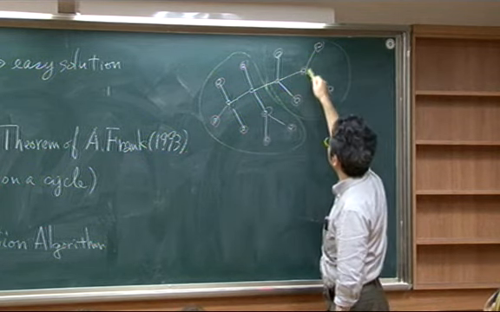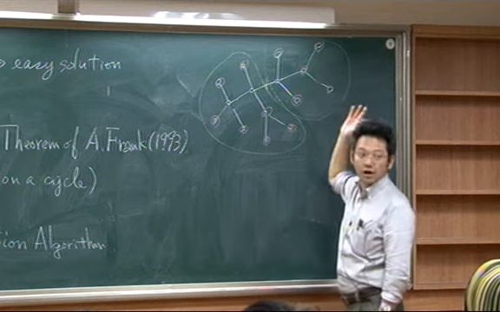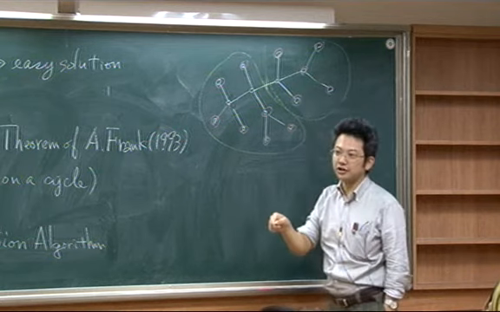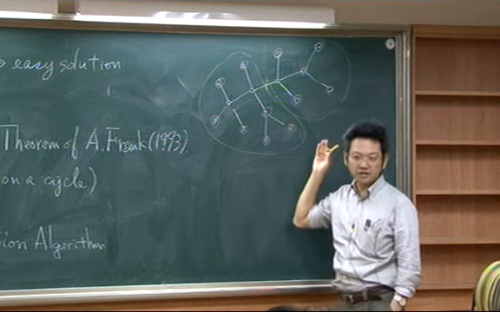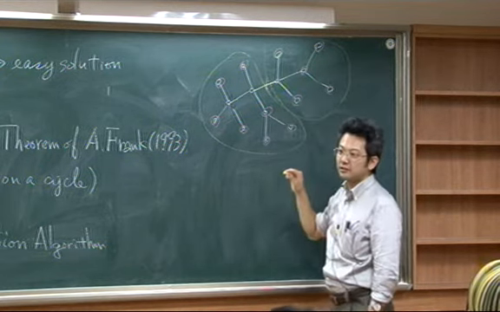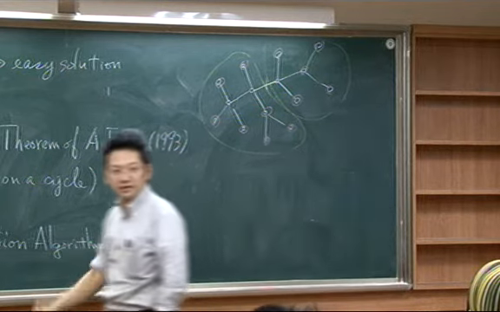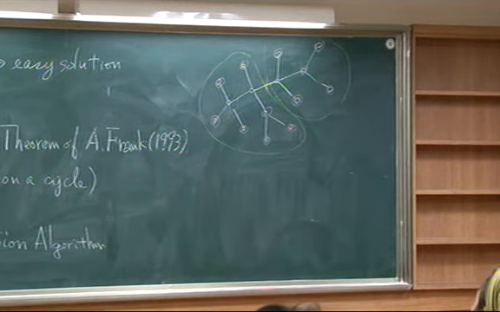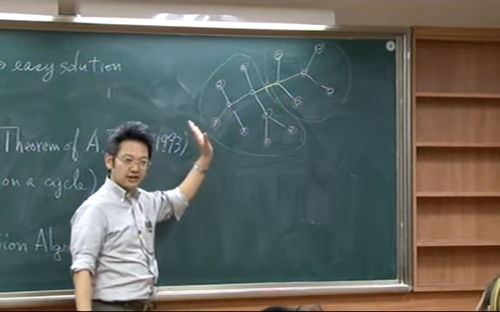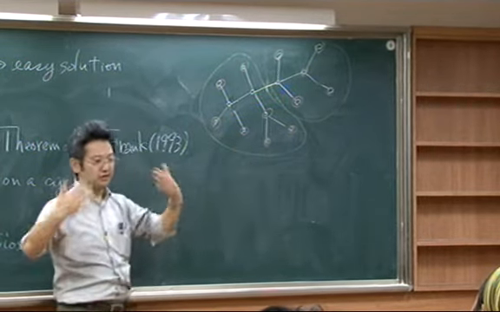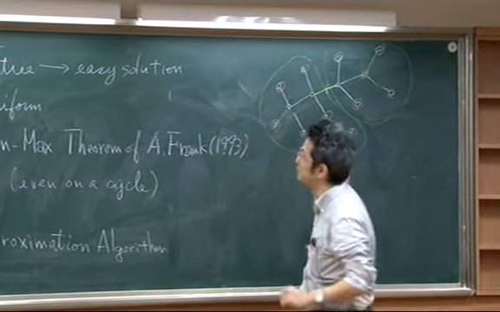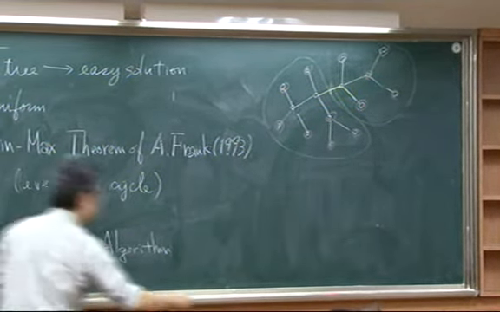Therefore the number of T nodes here must be odd, and therefore this is a T-cut, and every T-join must intersect every T-cut. So we must use this arbitrary edge. That means the entire solution for this minimum weight T-join problem for this T is the entire tree, which of course attains the maximum. Okay, so this is an easy solution. So this is done.